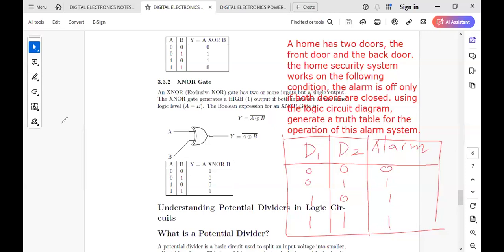So what happens if it is AND? AND will come out with D1 and D2. So AND will give us what? 0, 0, 0, and a 1.